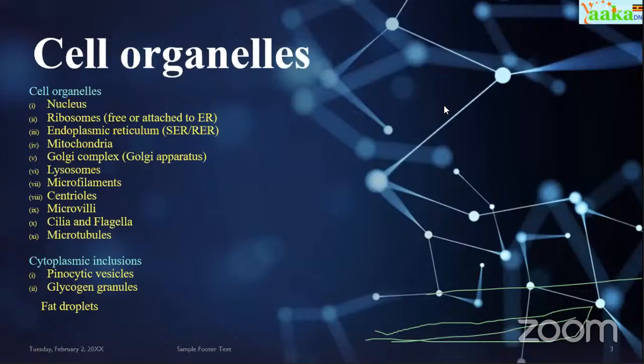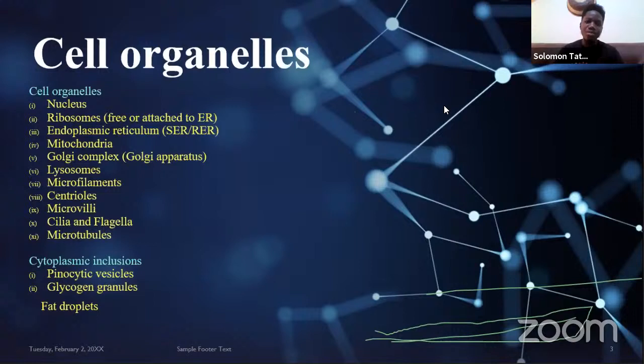Pinocytosis is whereby the cell takes in fluids like water, cell drinking, while phagocytosis is whereby the cell takes in large substances that are in solid state. Okay, very good. So pinocytosis is cell drinking, phagocytosis is cell eating. In pinocytosis, substances that are taken in are liquid in nature. In phagocytosis, substances that are taken in are solid in nature. That's the difference. Very good, Richard. Good question also.